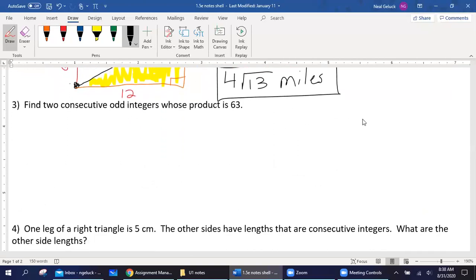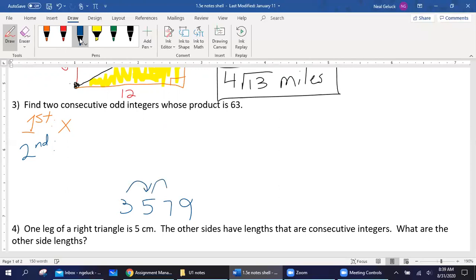For number 3, find 2 consecutive odd integers whose product is 63. Well, I'm going to call the first number x. Now here's the hitch. The second number, well, if it's a consecutive odd number, think like 3, 5, 7, 9.